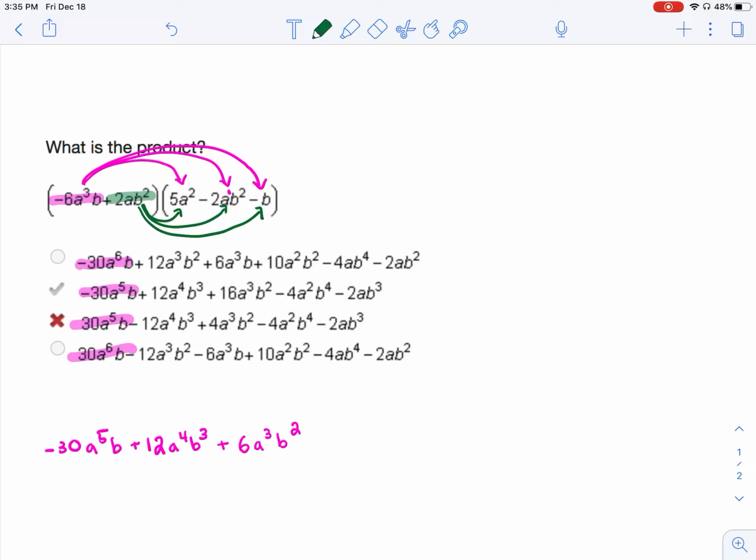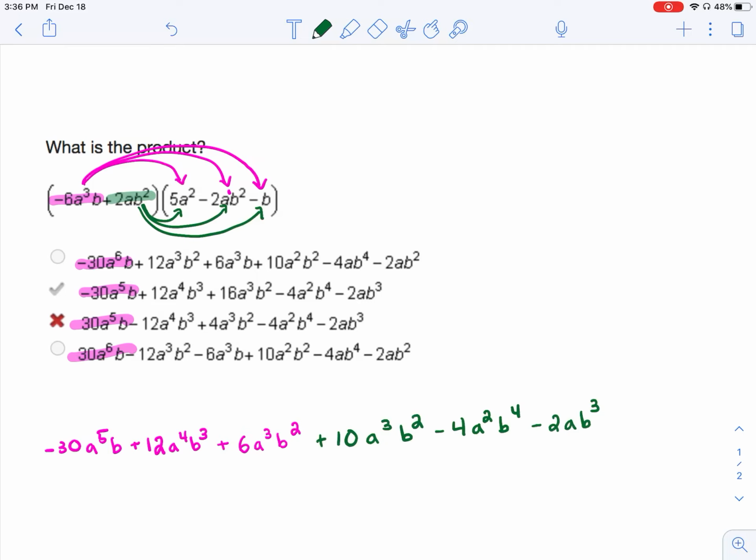So 2 times 5 is positive 10, a to the third power, b to the second power. 2 times negative 2 is negative 4, a squared, b to the fourth.